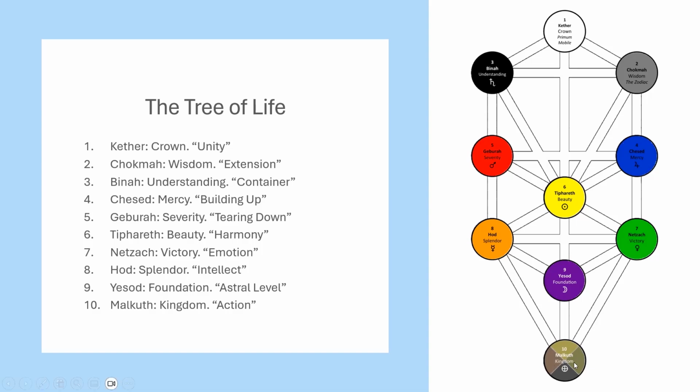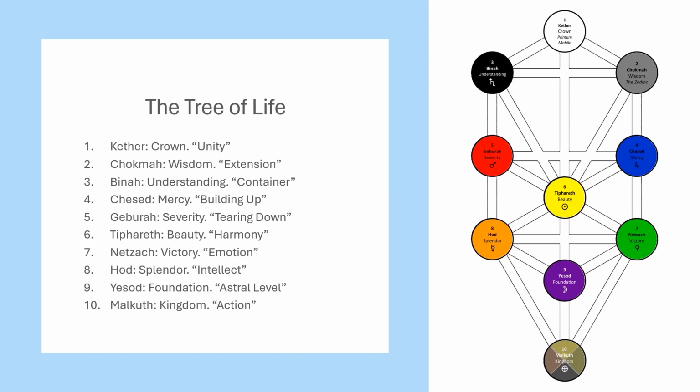And so the underlying foundation to that is above in a way, or beyond in a way. And so Yesod is the astral level. And that is the level of energies. And it could be the aura is one way to think about it.